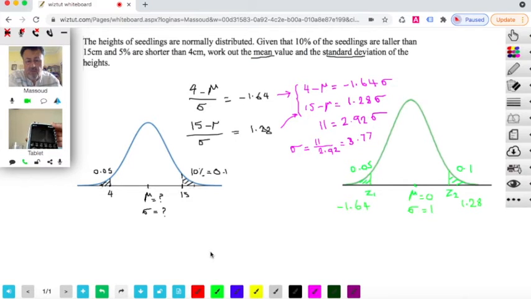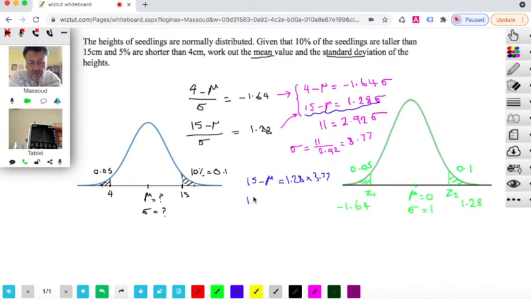So now to find mu, it will be pretty simple. We just substitute it into either this or this. Let's do it in a different writing. So if I just maybe use this equation, it'll be 15 minus mu is equal to 1.28 times the 3.77. So if I just do that, that gives me 4.82.